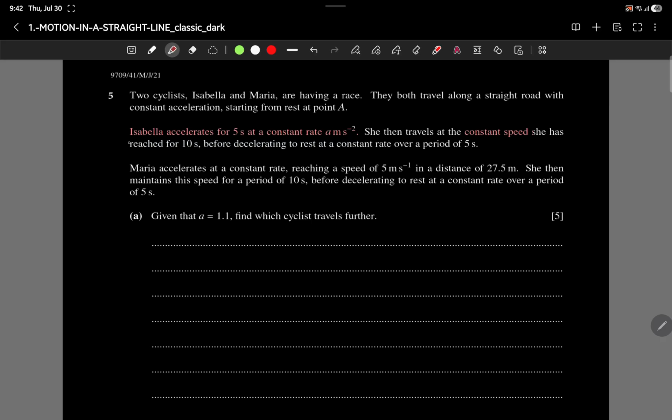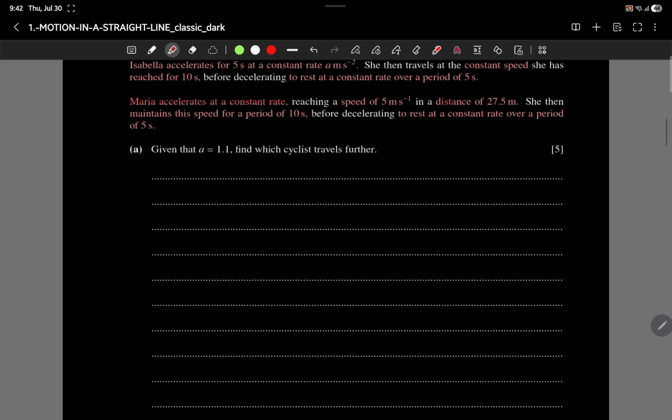She travels at this constant speed for 10 seconds, then decelerates to rest over 5 seconds. Maria accelerates at a constant rate, reaching a speed of 5 at a distance of 20. She then maintains the speed for a period of 10 seconds, then decelerates to rest over a period of 5 seconds.